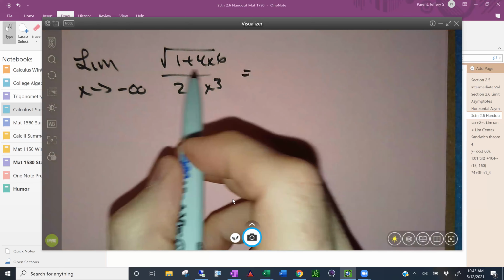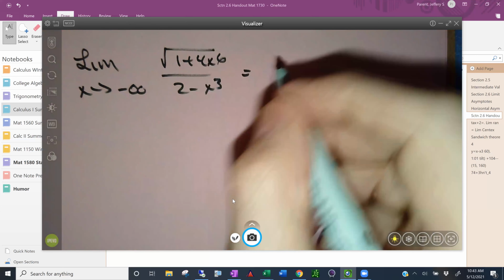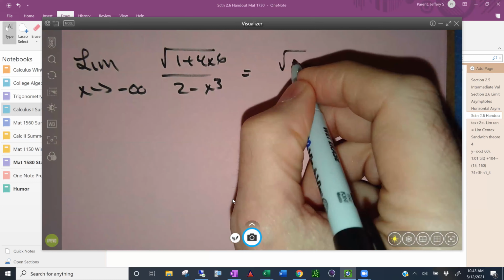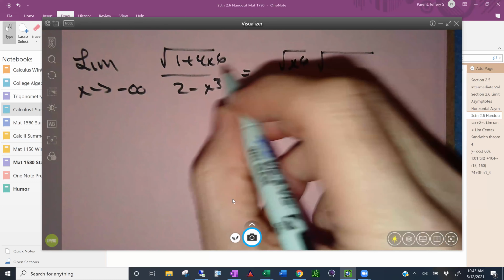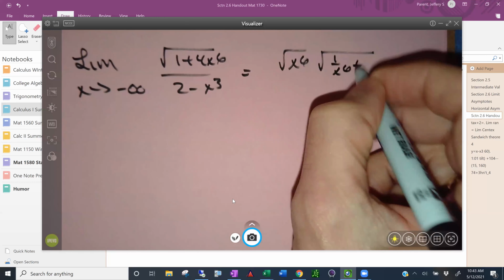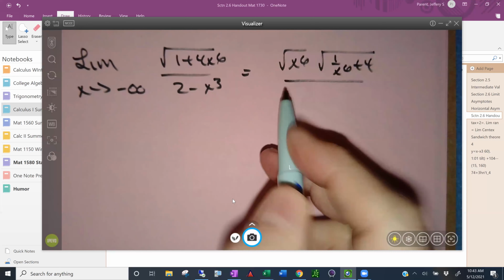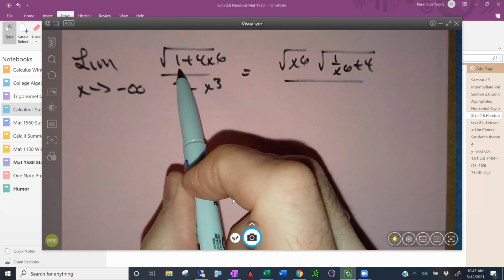As I did with the previous one, I'm going to factor out the highest power from this radical, which is an x to the 6. So I'll have the square root of x to the 6. When I factor that out, it's going to be 1 over x to the 6 plus 4. If you distribute this, you should see that you get this here.